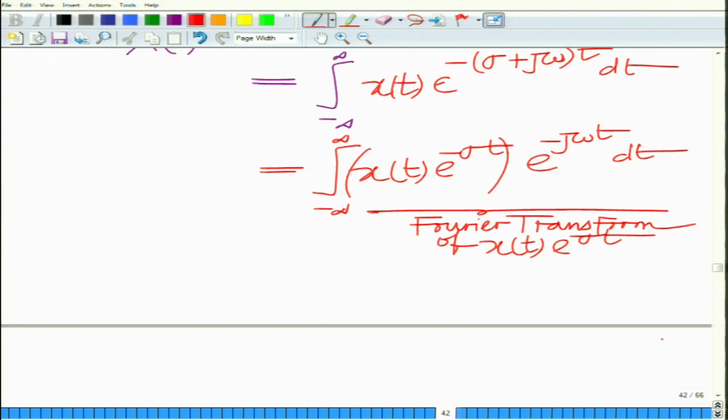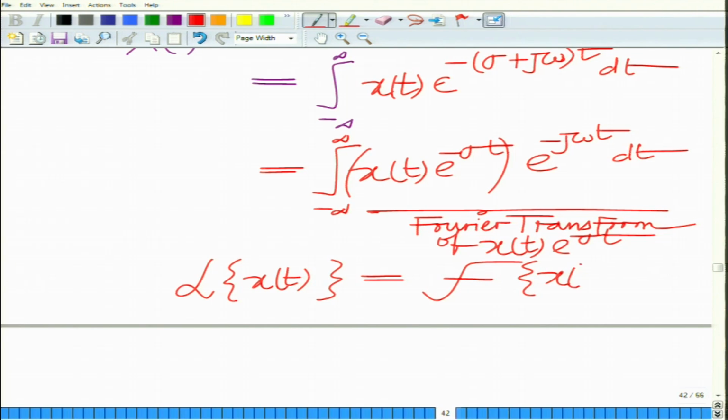So, what we have is that the Laplace transform of x(t) evaluated at s equal to sigma plus j omega is equal to the Fourier transform of x(t) e raised to minus sigma t.